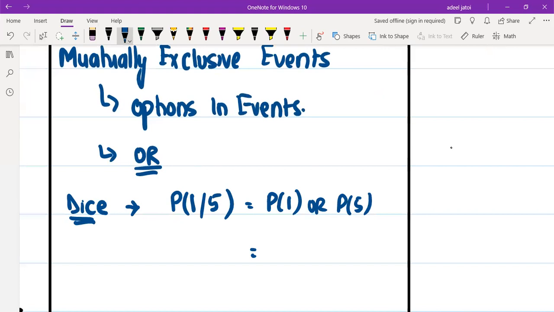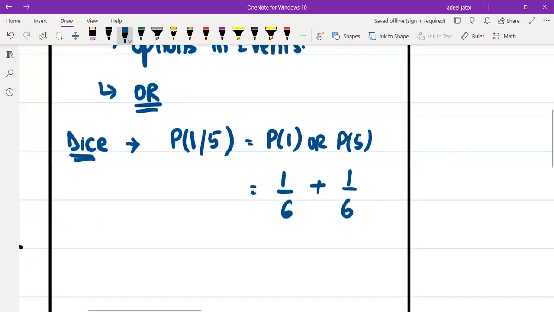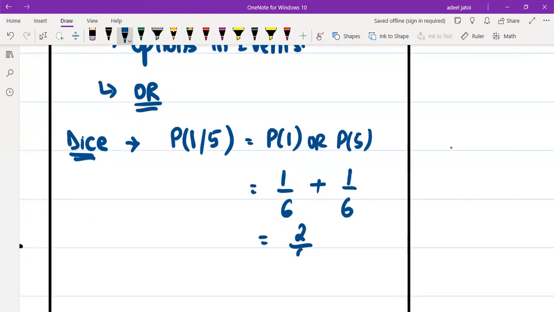The probability of 1 is 1 upon 6. The probability of 5 is also 1 upon 6. So what we are going to do is add these two up. What we get is 2 upon 6, which is equal to 1 upon 3.